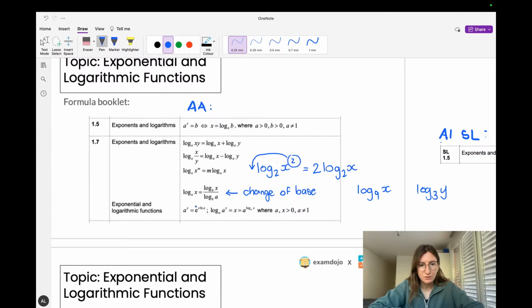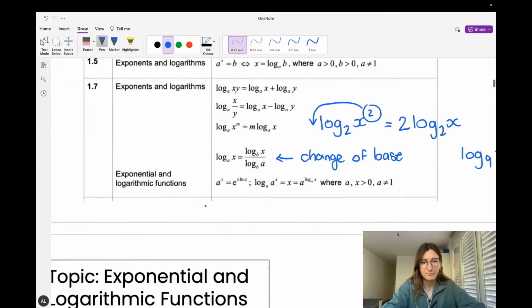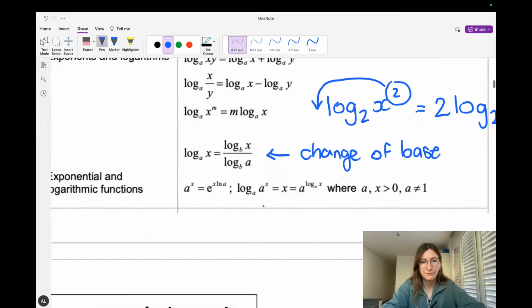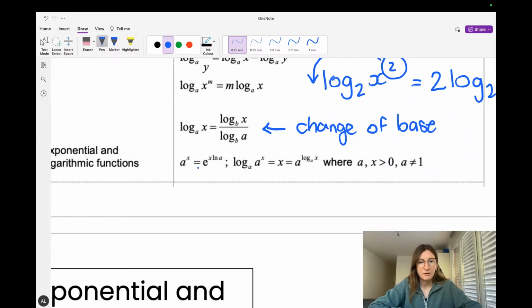And then for our natural logs, you can turn any exponential function into a power of e function. So it's quite small. Let me zoom in. There we go. So if I have, say, 2 to the x, I can change this into an e function by saying e to the x natural log 2.